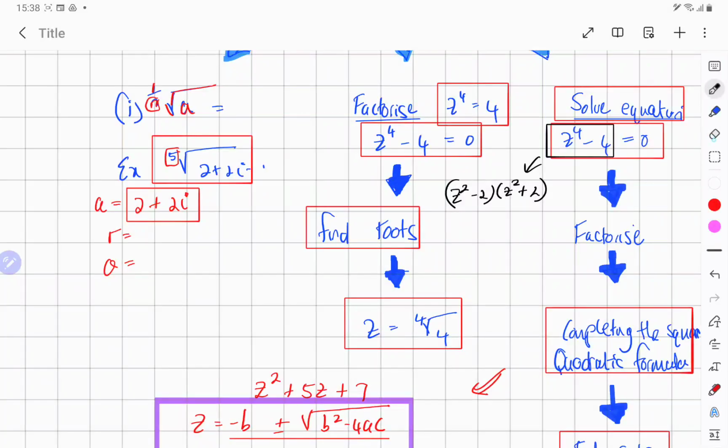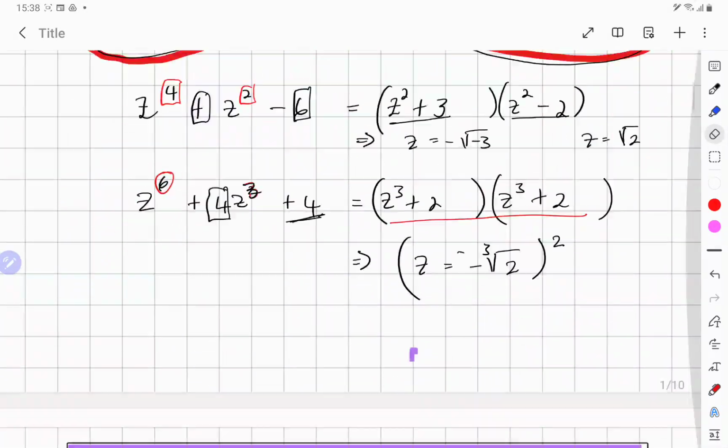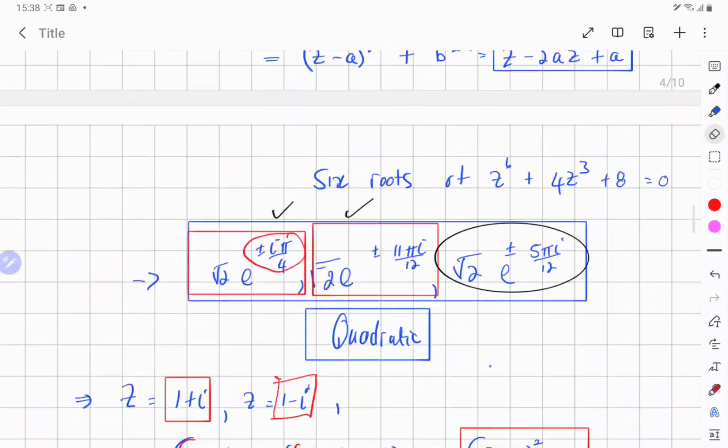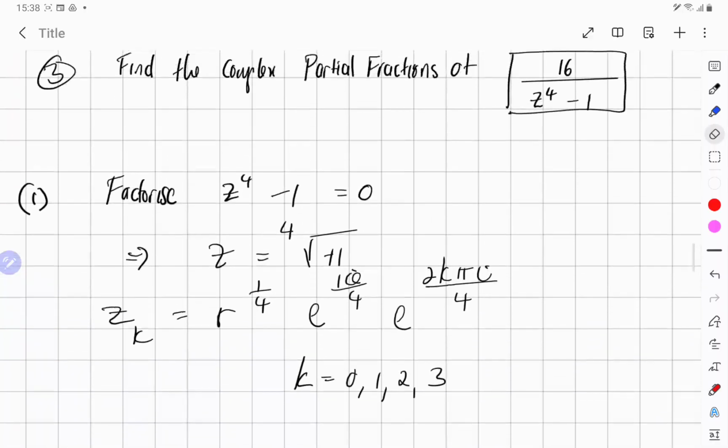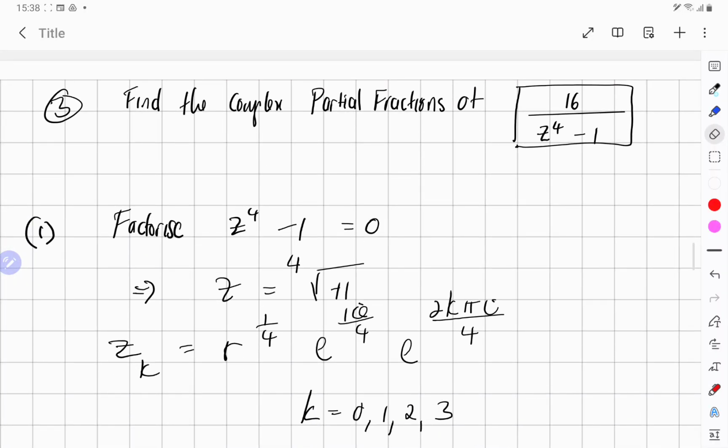Not wrong, but then students are normally not very accurate. What did I say? You will always find your roots. So we did these roots in video 1, but let's just recap quickly.